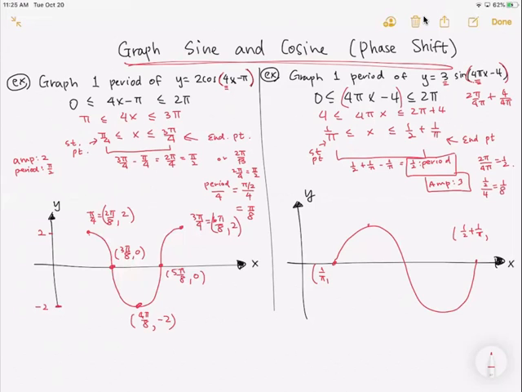So I'm going to use 1 over pi plus 1 over 8. And then add another 1 over 8, I get 2 over 8. And then for our next key point, I add another 1/8 to 1/pi plus 2/8. I get 3/8. And then is that equal to 1/pi plus 4/8? Yes, it is, right? So we did it correctly.